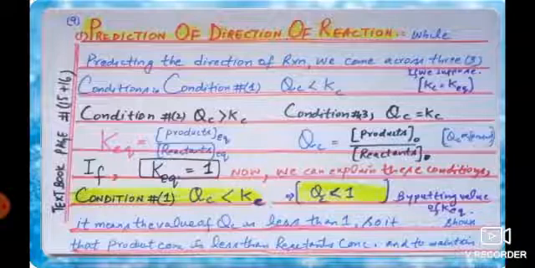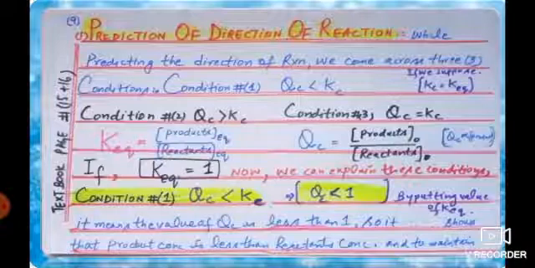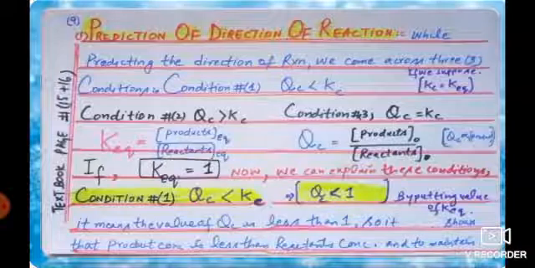Now the first case, we will take the first condition, that is if the Qc value is less than Kc. As we know from the above equation, they have written the expressions that K equilibrium is equal to the equilibrium concentration of products divided by the equilibrium concentration of reactants, and Qc is written as the initial concentration, which they have taken as 0.